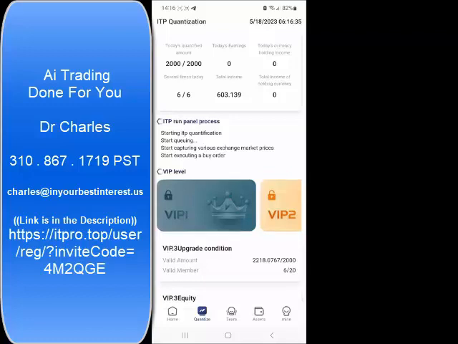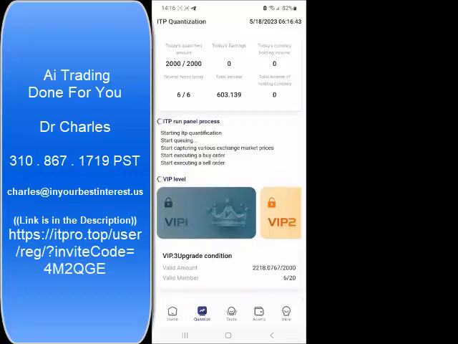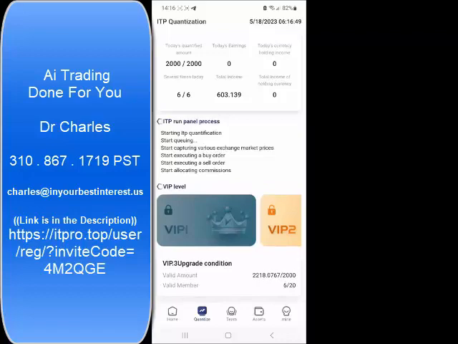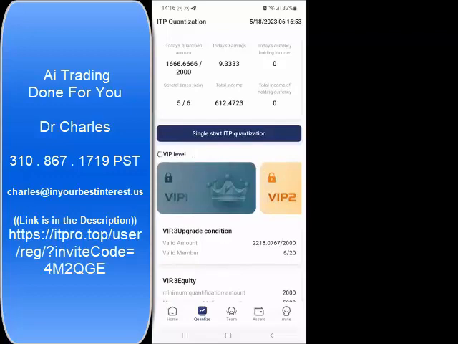It's executing a buy order. It buys at a low price, executing a sell order. It sells at the highest price. Right, allocating commissions. Now, if you look at the top of the screen again, in the center, where it says today's earnings, it has just jumped from 0 to 9.3333.